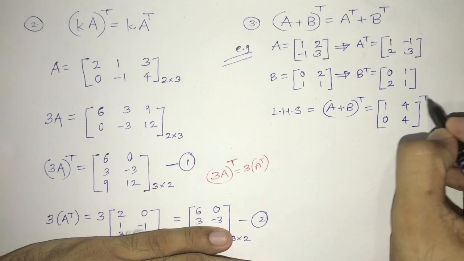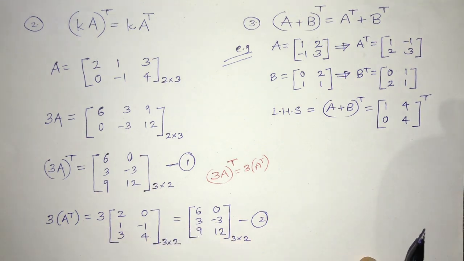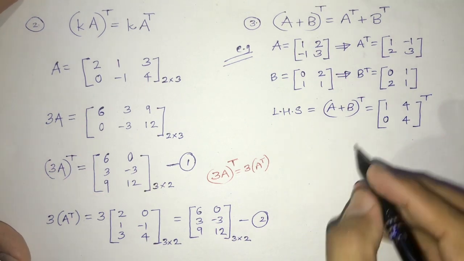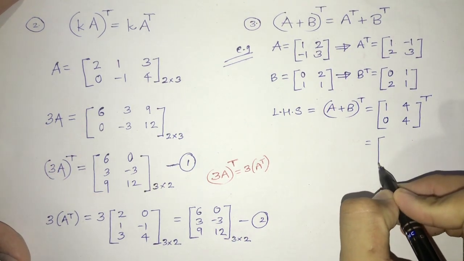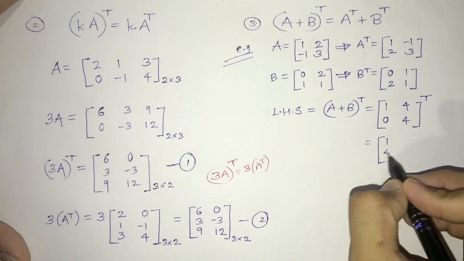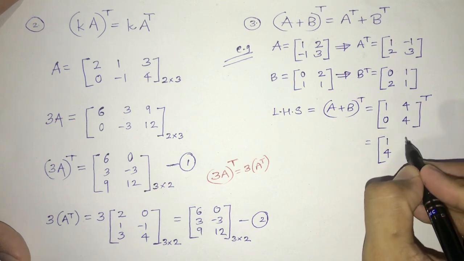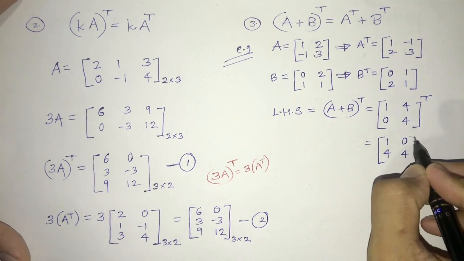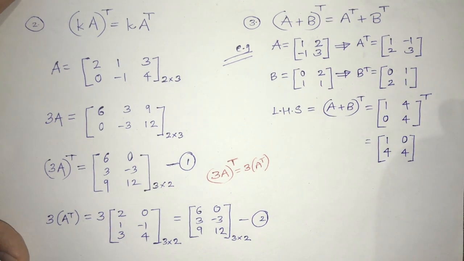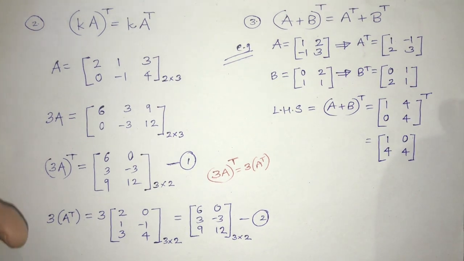We are going to take the transpose of that. When we take the transpose, first row becomes first column, 1 4, second row becomes second column, 0 4. So (A plus B) the whole transpose is 1 0 4 4.